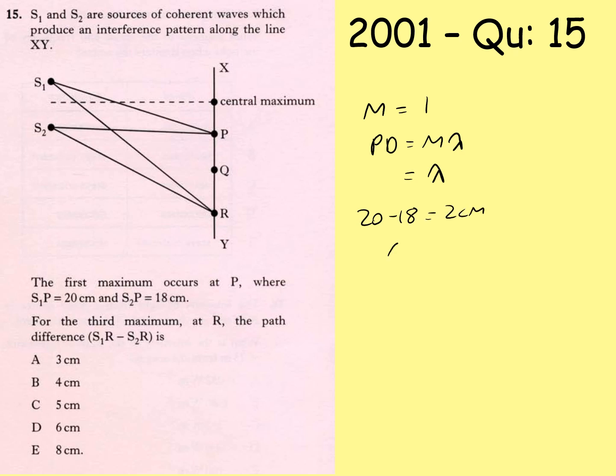So lambda equals 2 centimeters. We're looking at the third maximum, so m is equal to 3. Path difference is equal to m lambda, which is 3 times 2 centimeters, equals 6 centimeters. D.